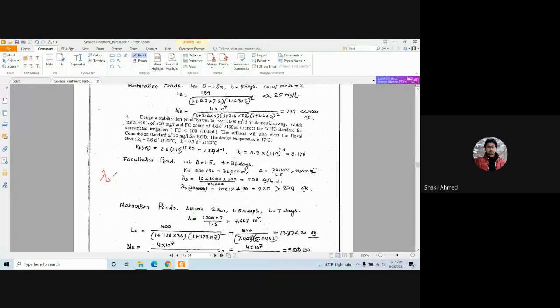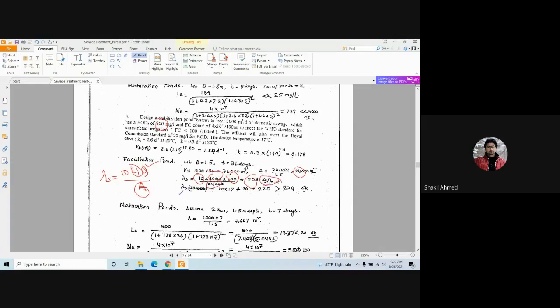Lambda s equals 10 into Li Q divided by area. This is 10. Li is what? 500. Are you following me? Yes, sir. Q is what, guys? 1000. A is what, guys? You have calculated this 24,000. So you got lambda s kg per hectare per day.